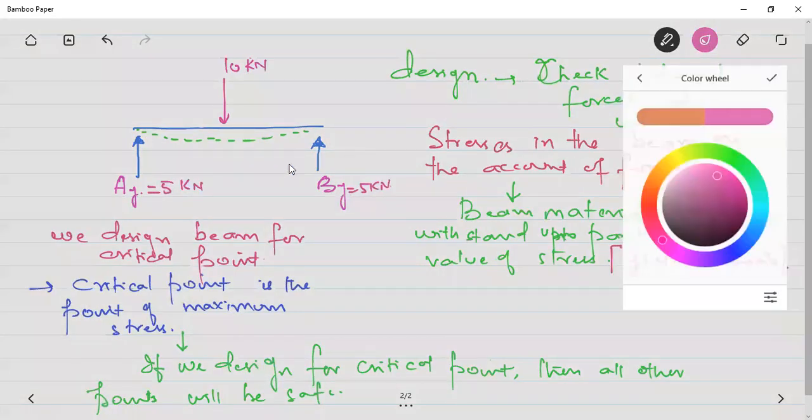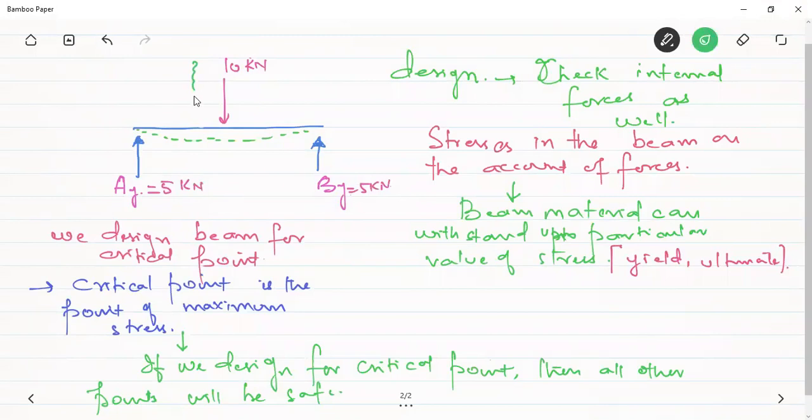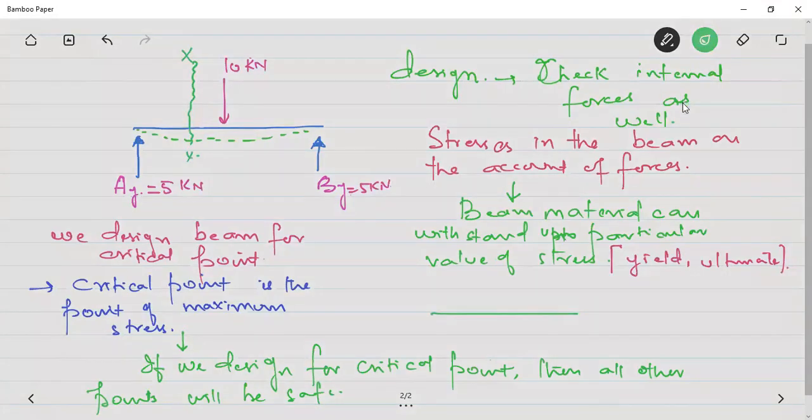If I take a section of the beam, the XX section, and draw the free body diagram of this section, we will have a reaction here, isn't it?